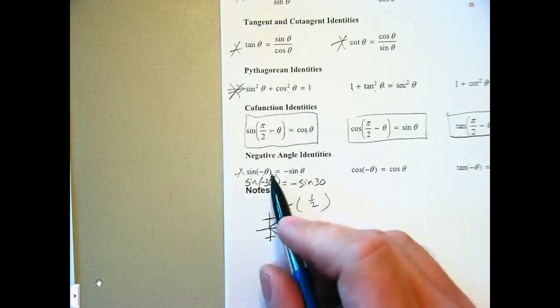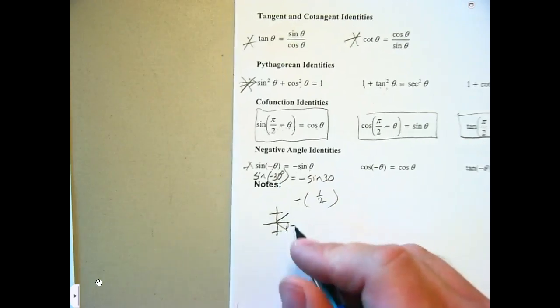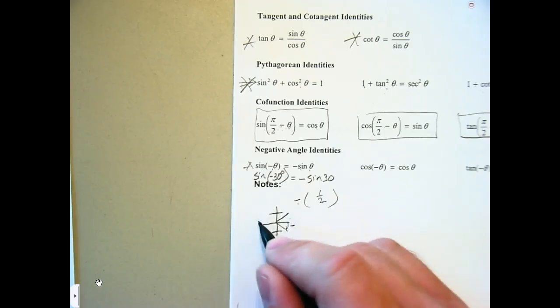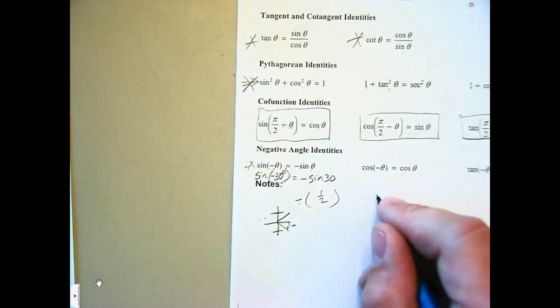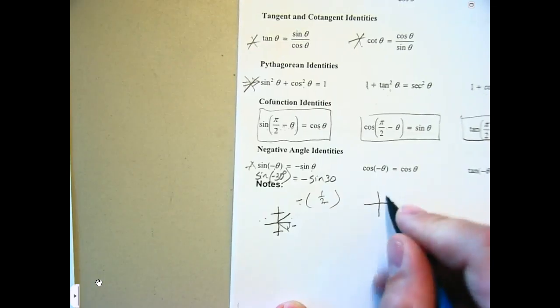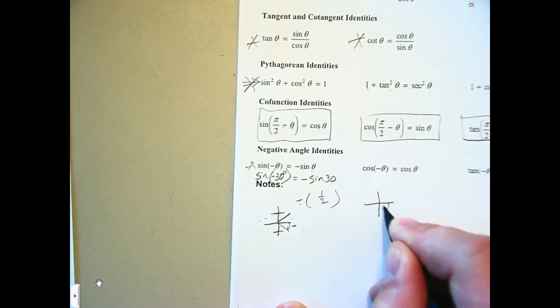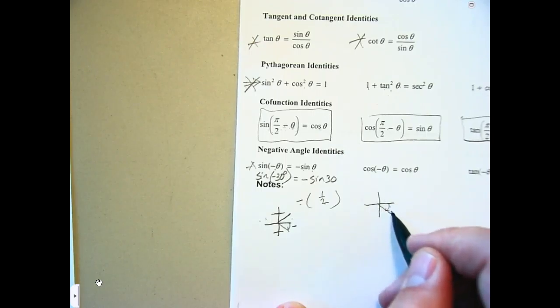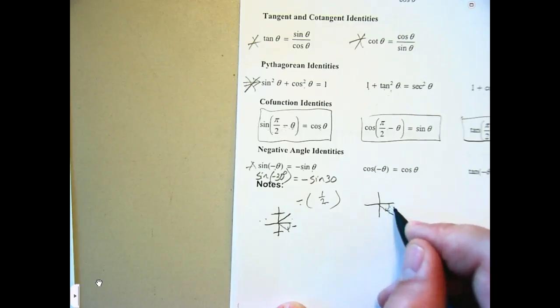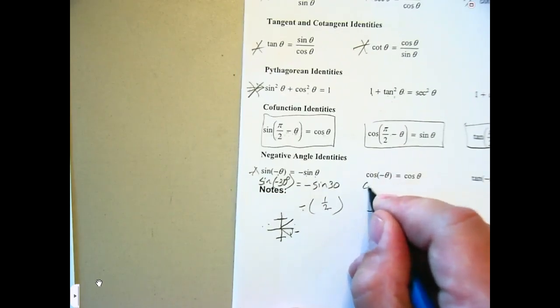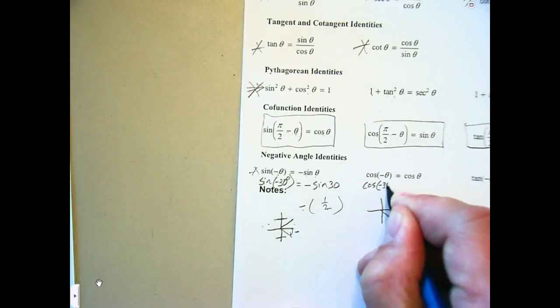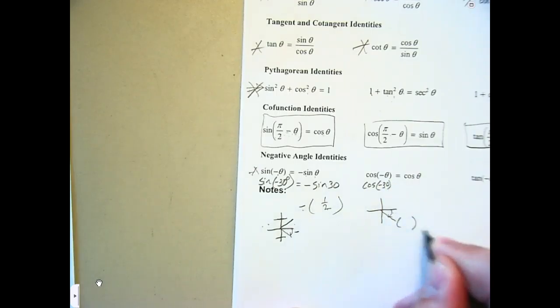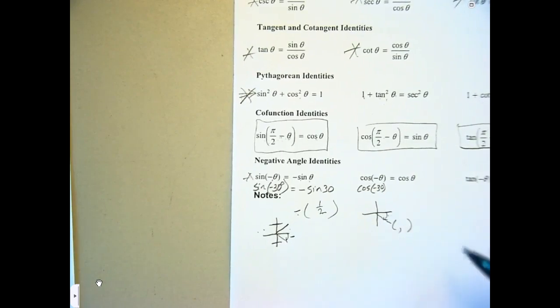Okay, when do I end up in a negative land for cosine? It's over here, right? So right here, this is saying if I drop down a negative angle for cosine, is it a negative value for cosine? So for instance, if I go cosine of negative 30, which one is cosine, x or y?